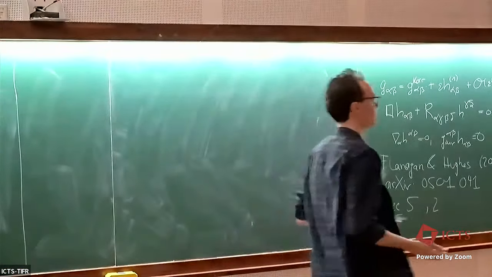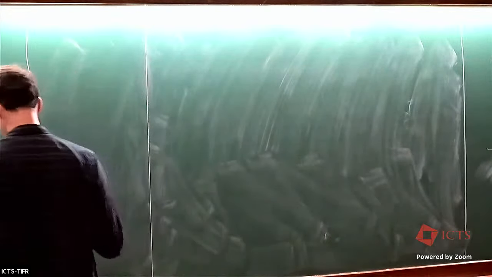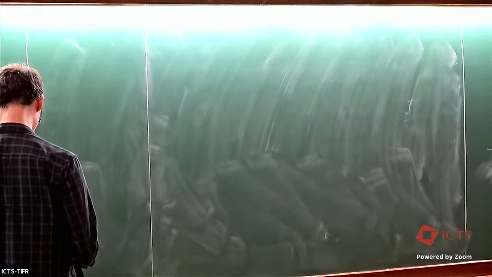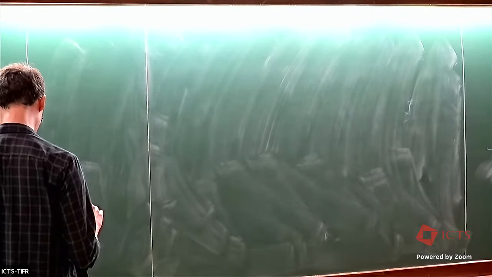Because ultimately we are interested in a particular solution that is particular to the source that we are imposing. So the way I want to proceed is not to derive the Green's function, because that would just take too much time.